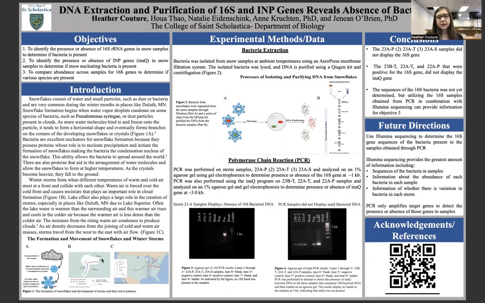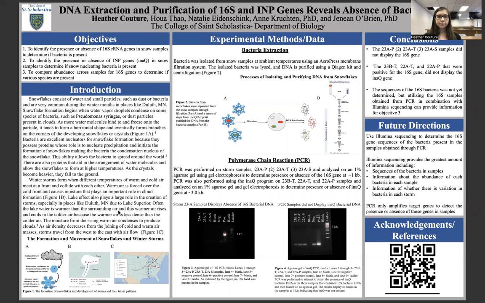It's hypothesized that different storms will have different types of bacteria that can form snowflakes, and as the different storms move, the bacteria move with them. So we hypothesized that the different storms would have different bacteria species present.